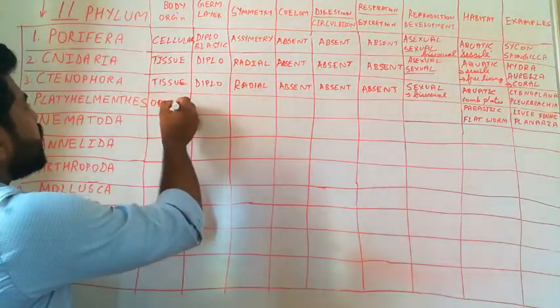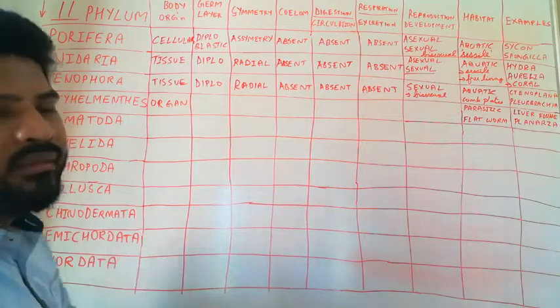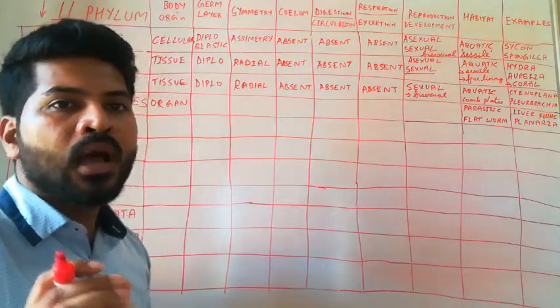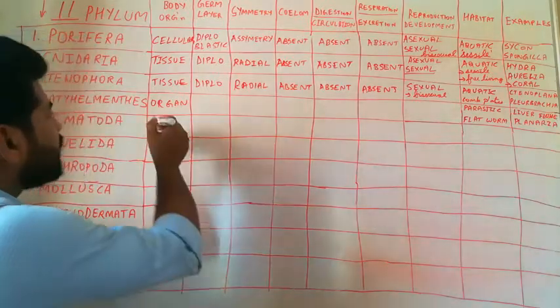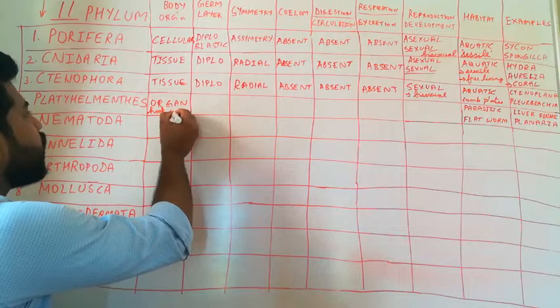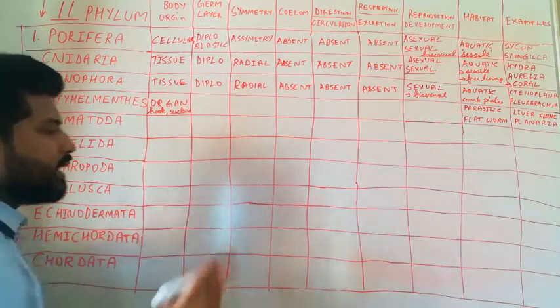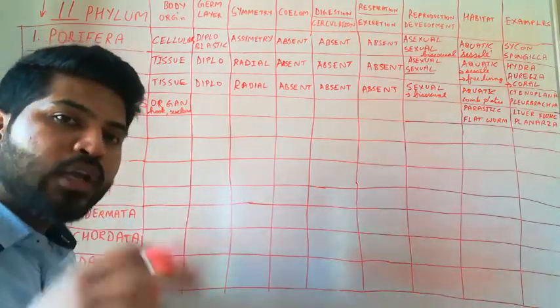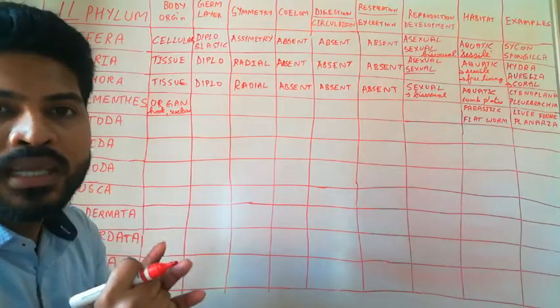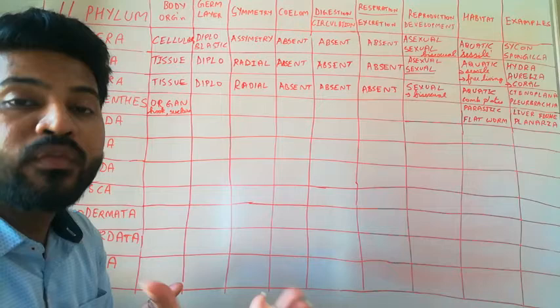Platyhelminthes show organ level of body organization. Certain simple organs are present, for example, hooks and suckers. Because these are parasites, they are living inside the body of other animals. They need to attach themselves to the cells and organs of the host animal.